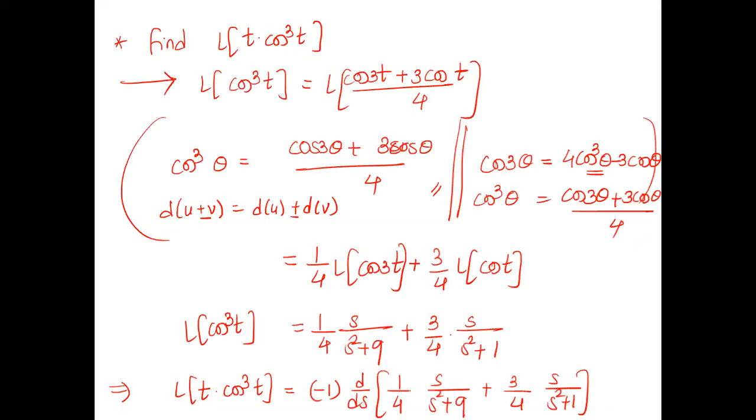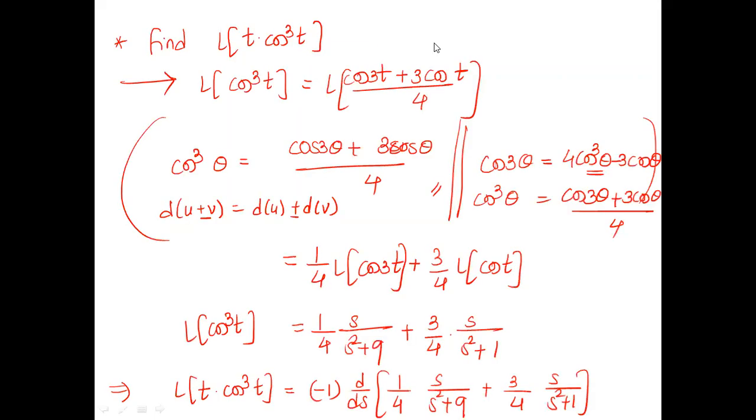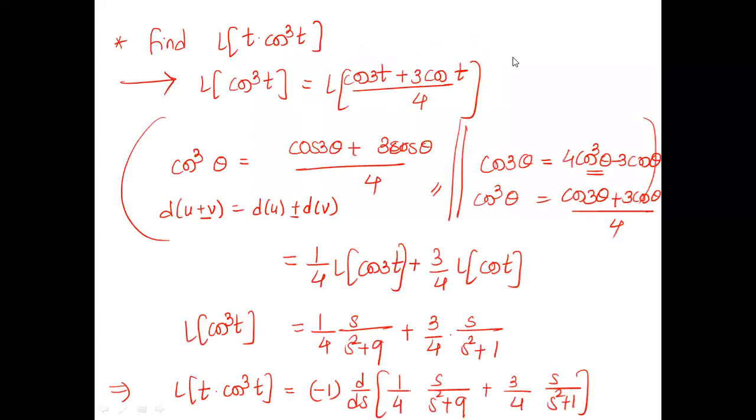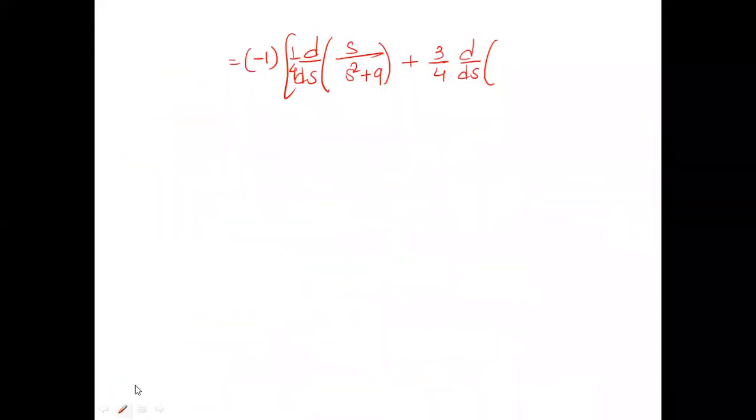What is that? s upon s square plus 9. Then the second term is 1 by 4, plus 3 by 4 into derivative d by ds of the second term, s upon s square plus 1.